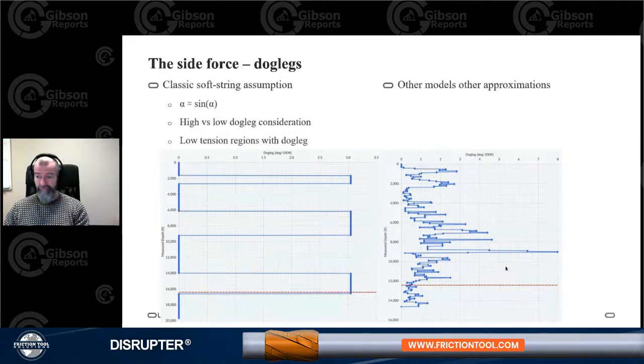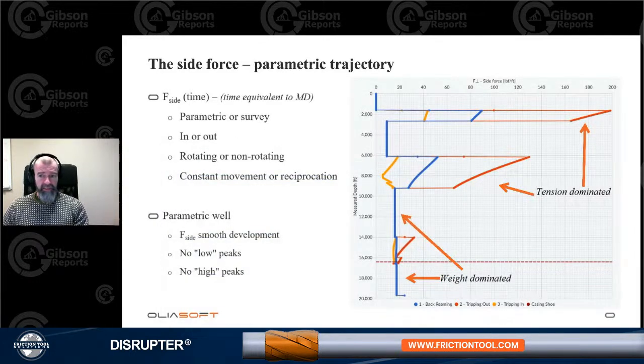But still, we're going to look at how these doglegs and how they shift actually affect our side forces, and thus also our analysis. So the side force obviously is a function of position, right? As you move the drill string into the hole or out of the hole, the position it's located at will give you different side forces.